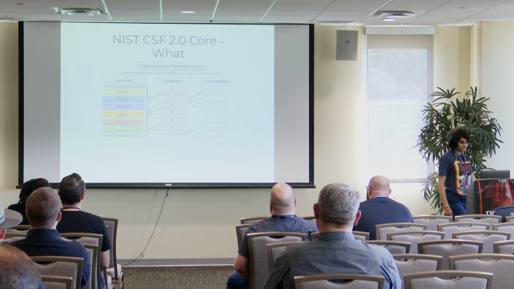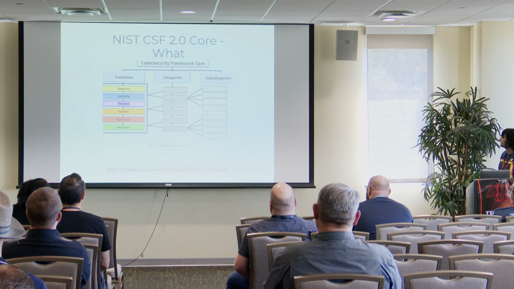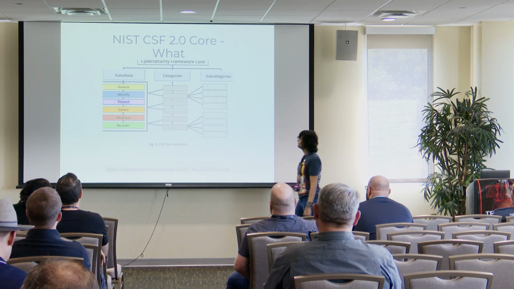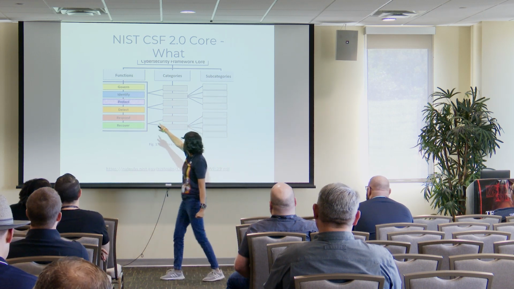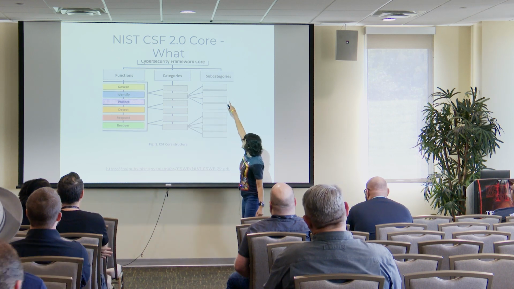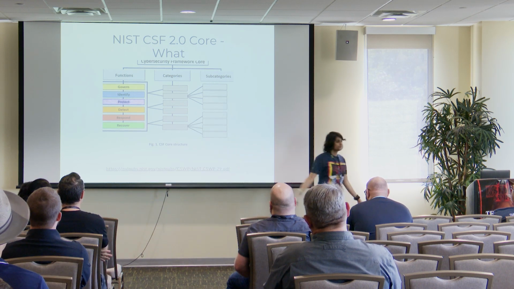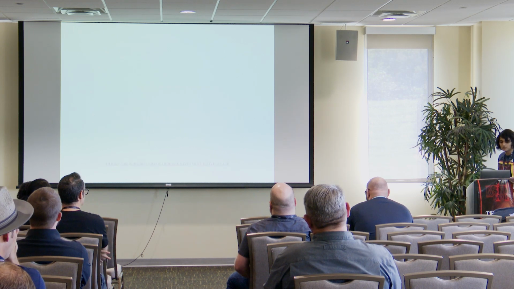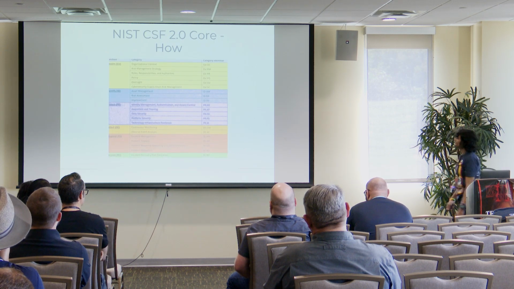Going further down into the core, we can analyze it a little bit further. It goes into functions, which are then split into categories, which are then split into subcategories. And let's take a look at what those look like a little bit more in detail.